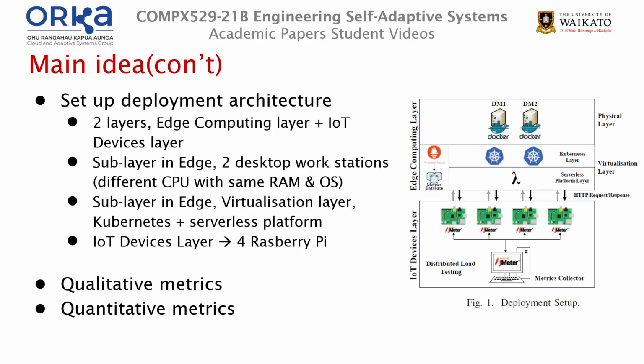The author analyzed the results through qualitative and quantitative metrics such as response time, throughput, and success rate. With the standard metrics, the author generated different load patterns for testing, with 1, 5, 10, 20 concurrent requests.